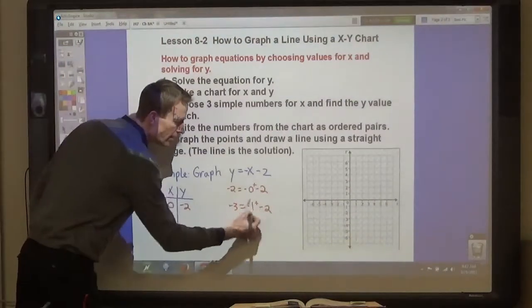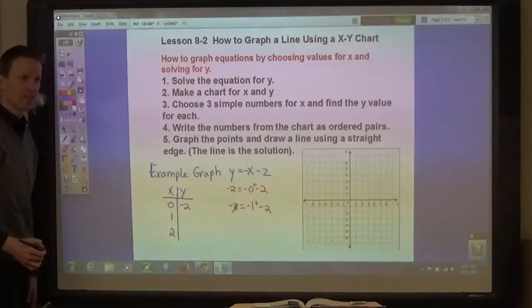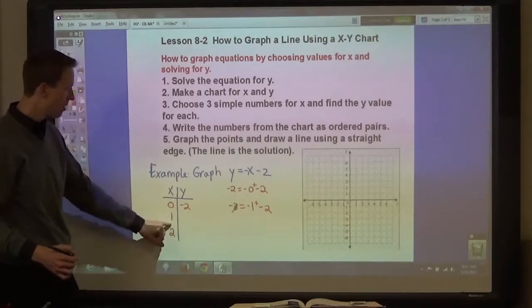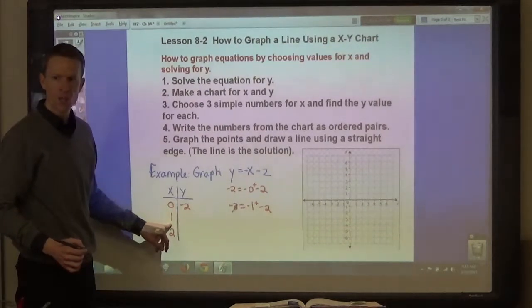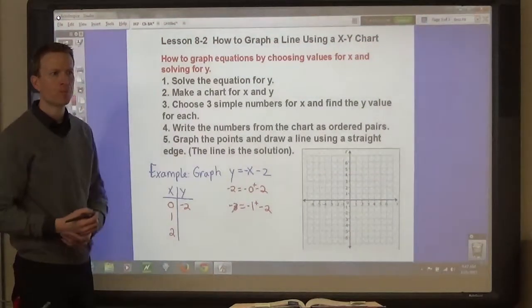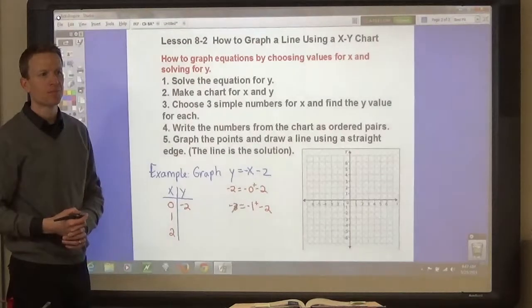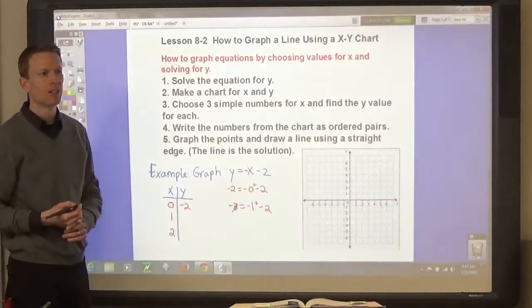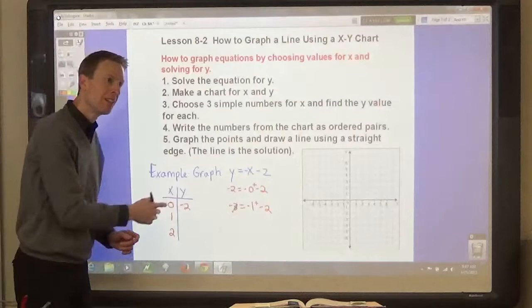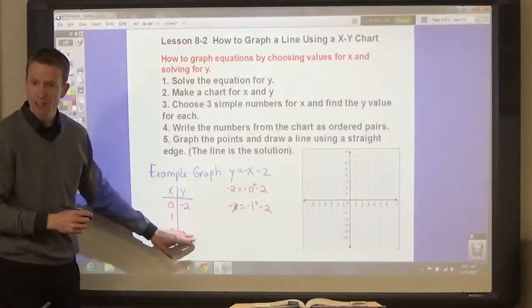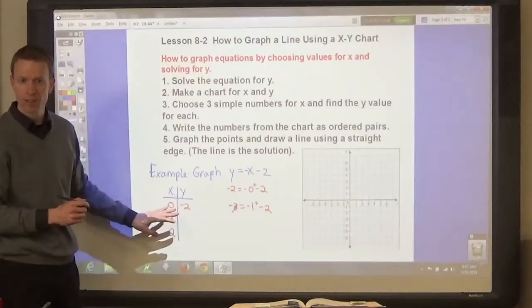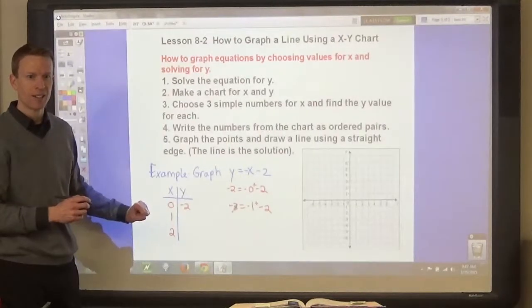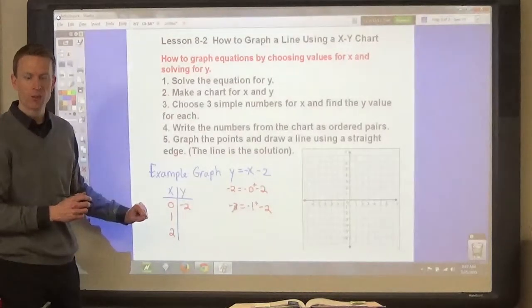The value of this is negative 3. So when x is 1, y is what, Dylan? Pay attention. You should be writing this down. This is your example for your notes. When x is 1, y is what, Isaac?